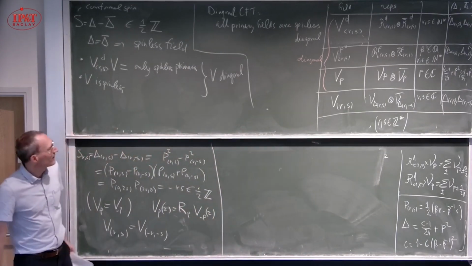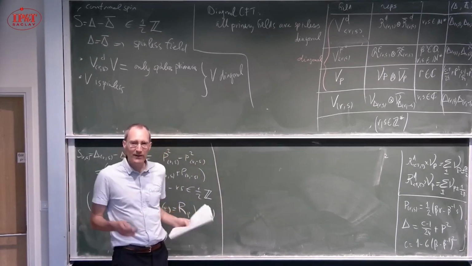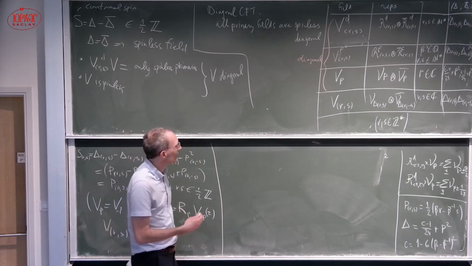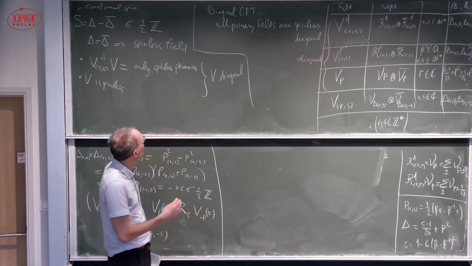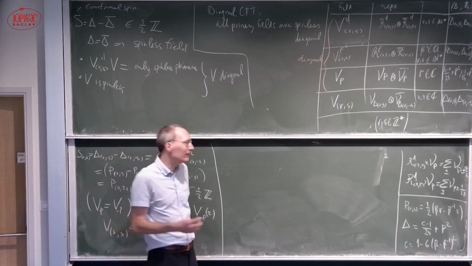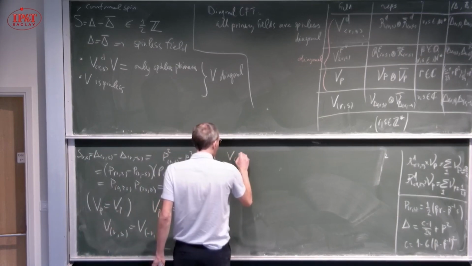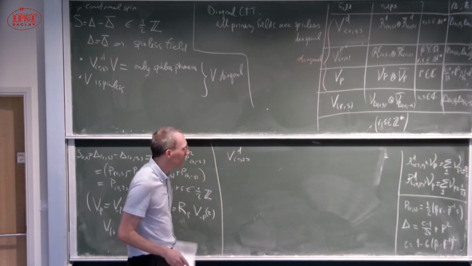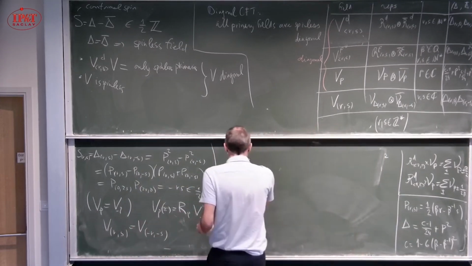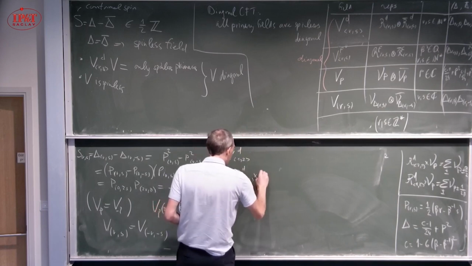Okay, so let's start with the diagonal fields. So which diagonal fields will we have and how many will we have? We want our spectrum to be stable, closed on the OPE. So if I start, for example, with V_{12}, and then I'm doing OPEs, well, we know what is the fusion product of R_{12} with itself.